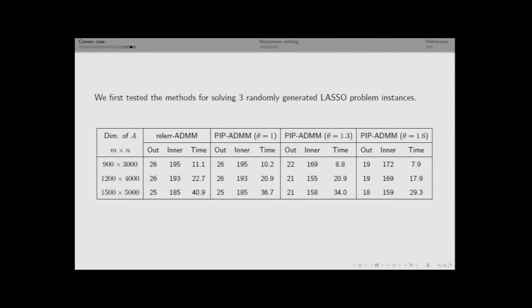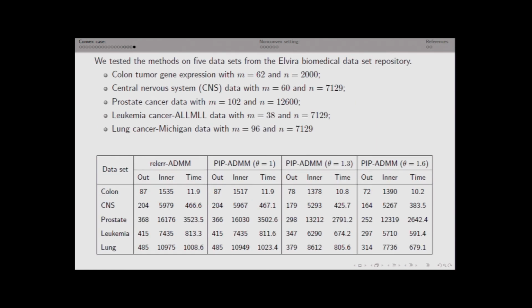We also considered some problems that come from applications, and we also follow his paper. As I said, these numerical experiments are very close to what he did in his paper. For example, in these experiments also, the outer and the inner are very close. The methods behave exactly the same if theta is equal to 1.